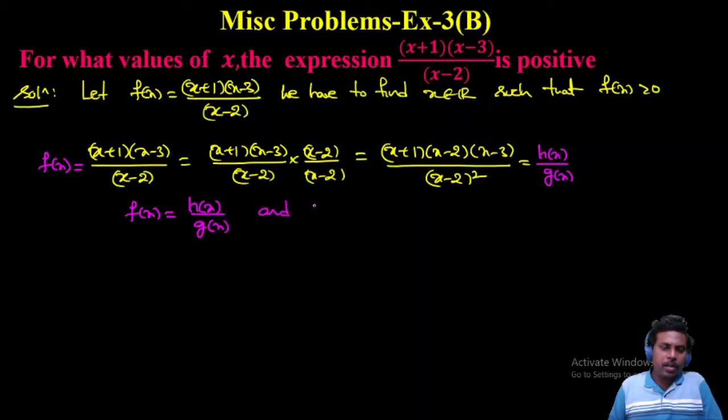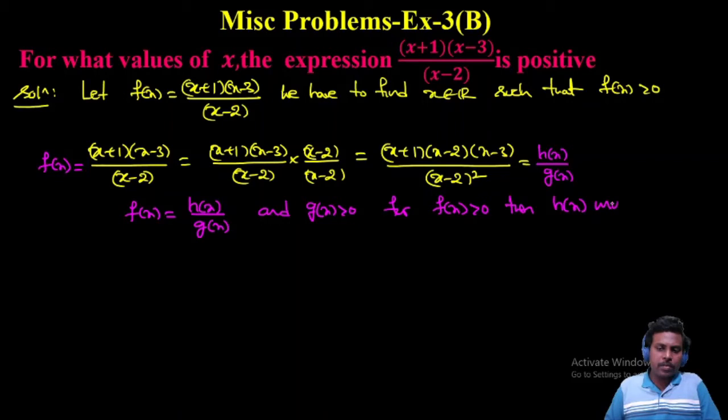And g of x is positive, because it is (x minus 2) whole square. So for f of x to be positive, h of x must be positive.